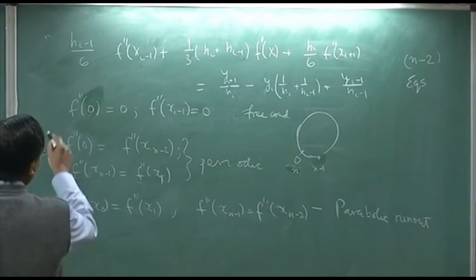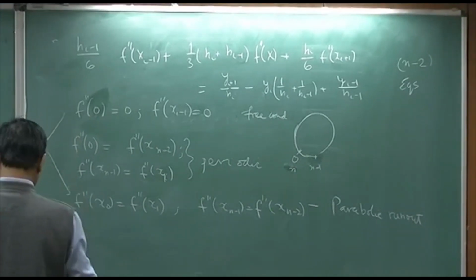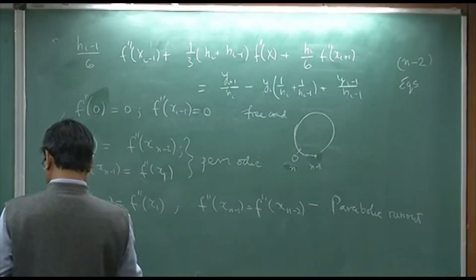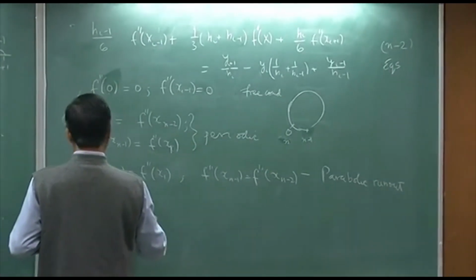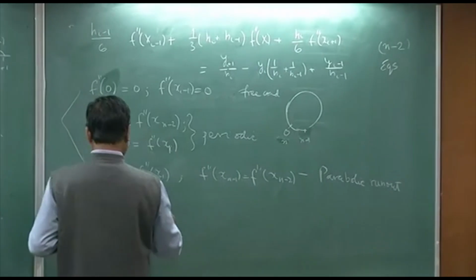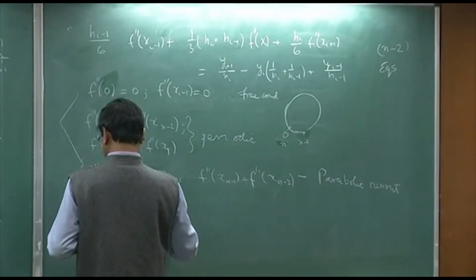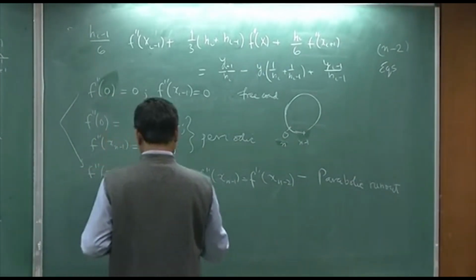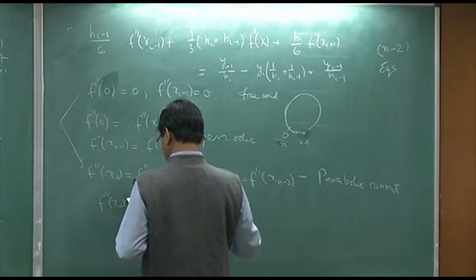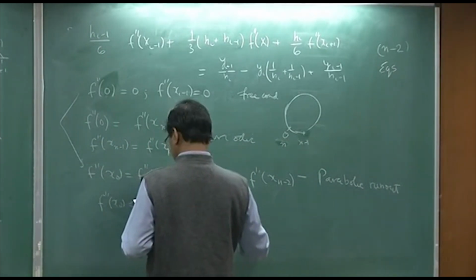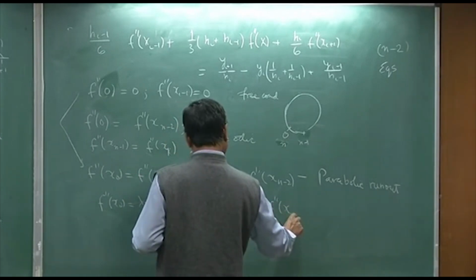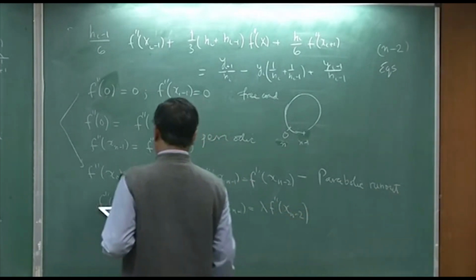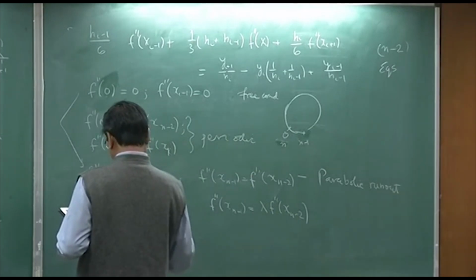Now these two can be combined to call it the cantilever end, with lambda between 0 and 1.